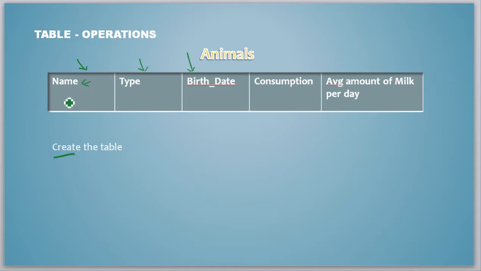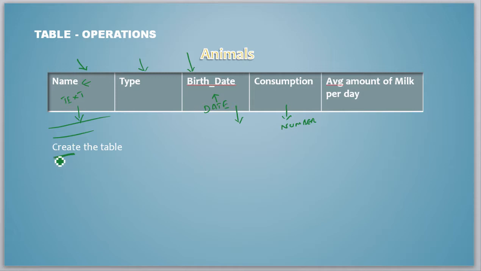For example, in the previous video, we've seen that this name column could be a text column, meaning that it will hold text data in the subsequent rows. And this birth date column would be a date type column, which would hold dates. Like that, for example, the consumption would be a number. So when I say number, when I say text, don't look for a type called text. Right now, I'm just keeping things very simple.